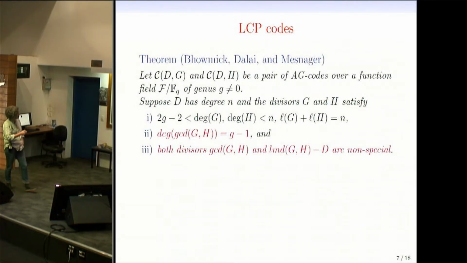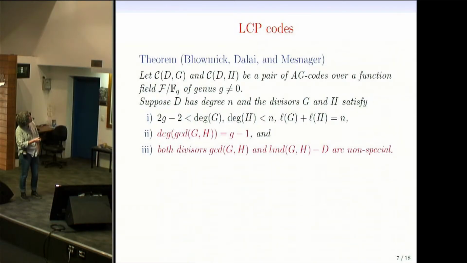So why think about these non-special divisors of small degree? Because you have this theorem from Bouyuklieva, Dalai, and Mesnager that gives you a theoretical way to choose the divisors G and H so that you can find a pair of LCP codes, linear complementary pair of codes. So you have to choose G and H. The first part has nothing special; it is just for the basic construction of the code.